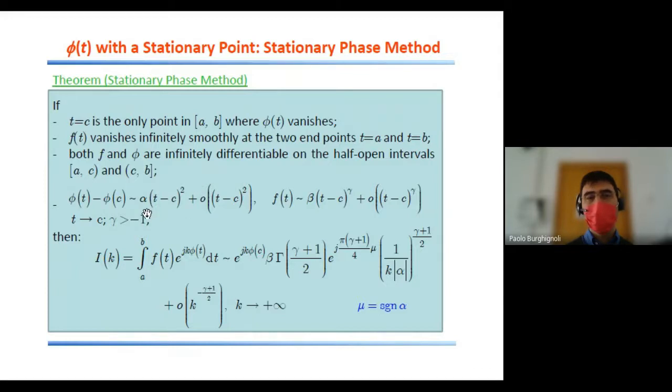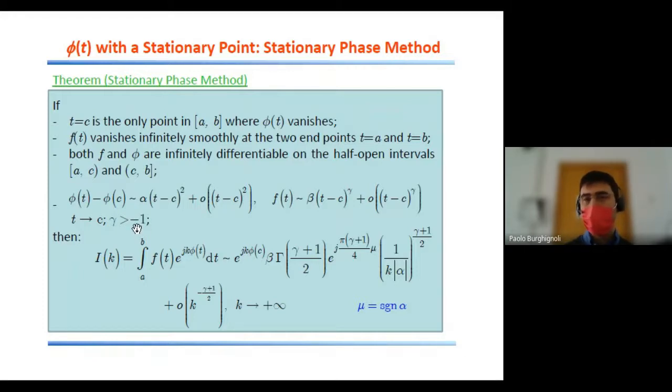So it's the second power of t minus c times some constant alpha, whereas the function f is asymptotic to t minus c to some exponent gamma, and there is also the coefficient beta. Note that gamma must be larger than -1 if you wish your function to be integrable.